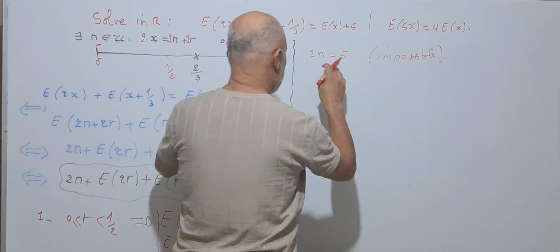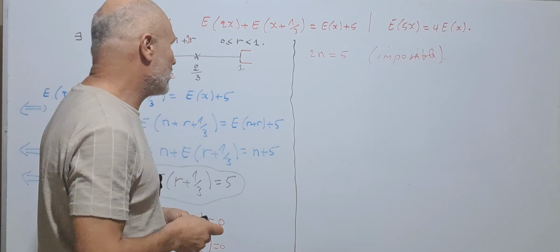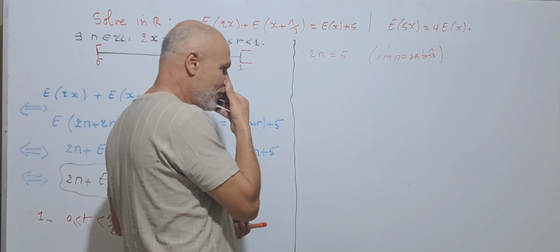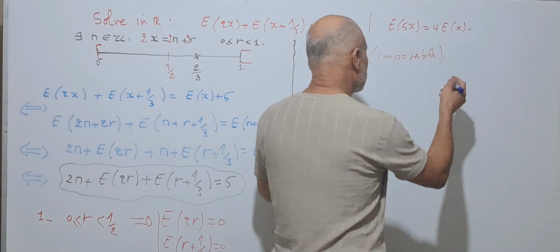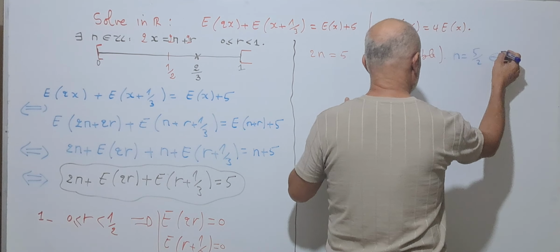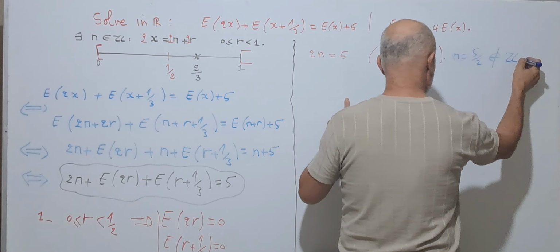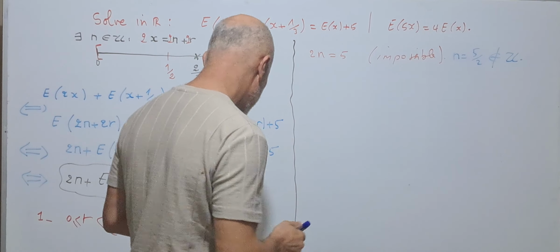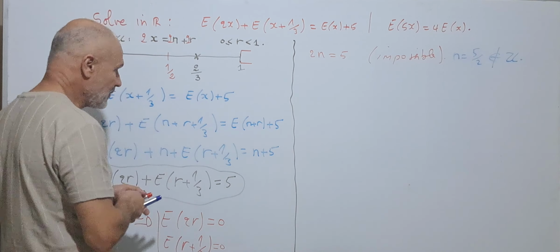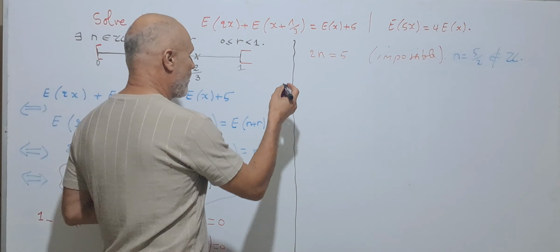Why? Because n is an integer, and n equals 5 over 2 does not belong to Z, which means that this case is to exclude.